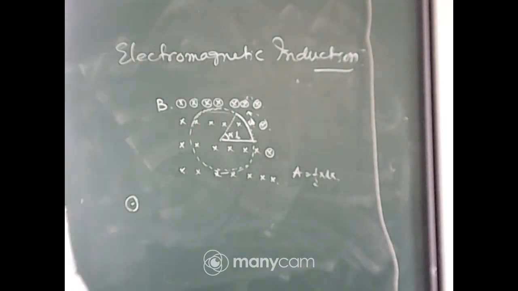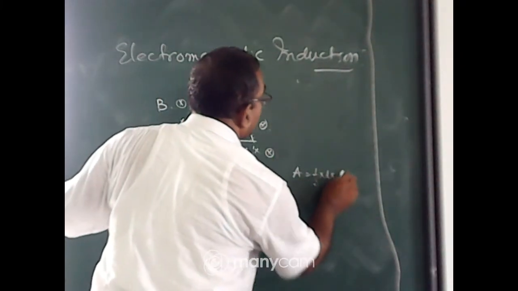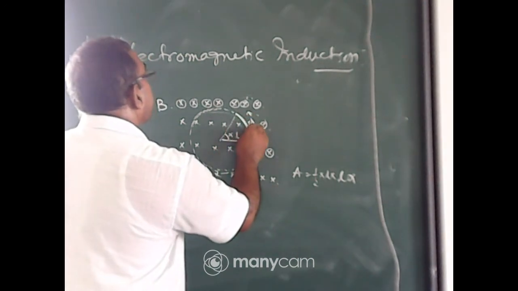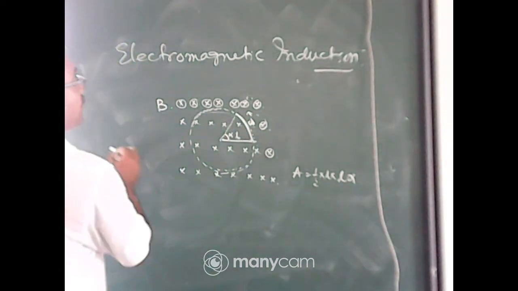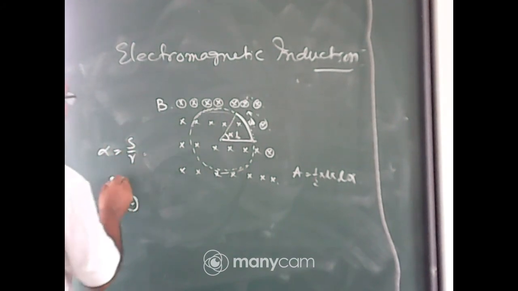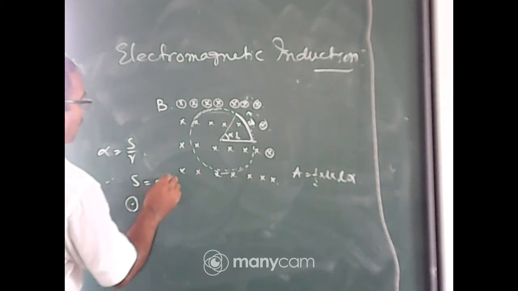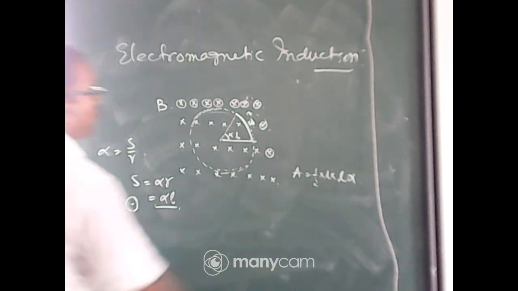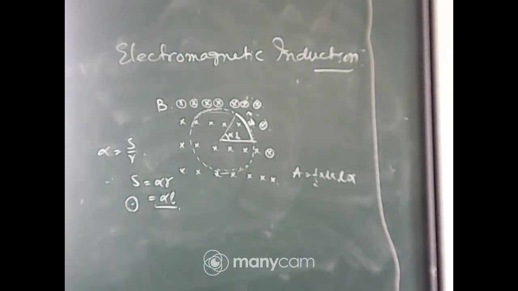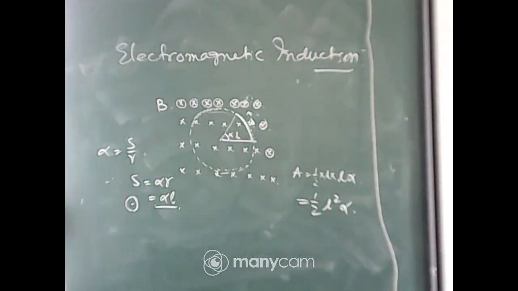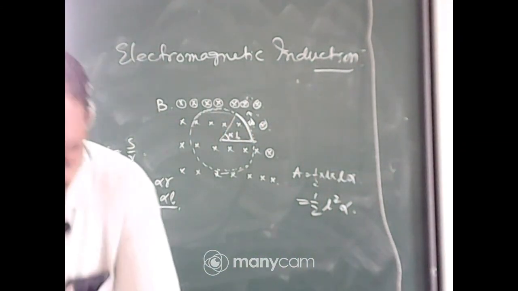Here S equals alpha into R, you know it, so with R meaning L, S equals alpha into L. Put that here: half into base into height equals half into L into alpha into L. That value will be half into L square into alpha.